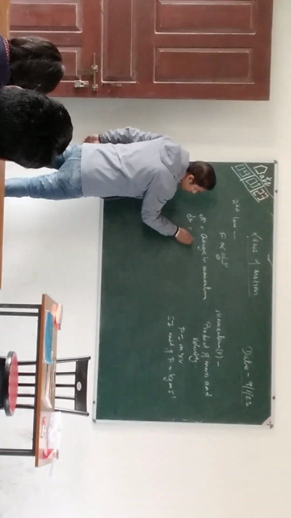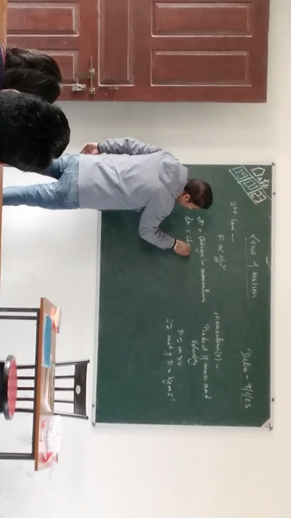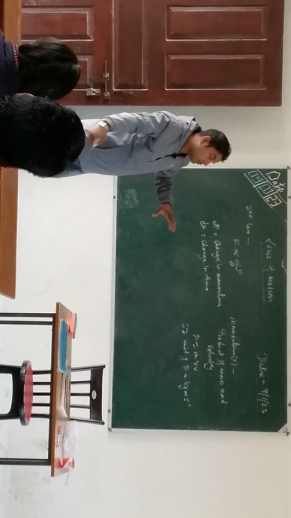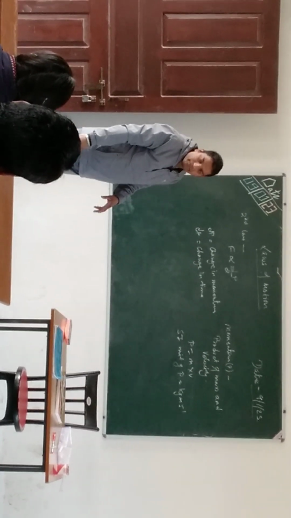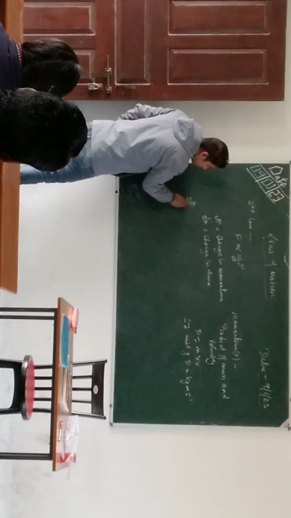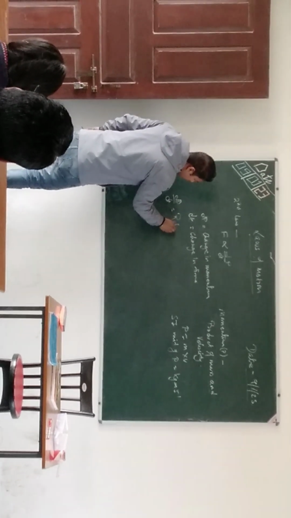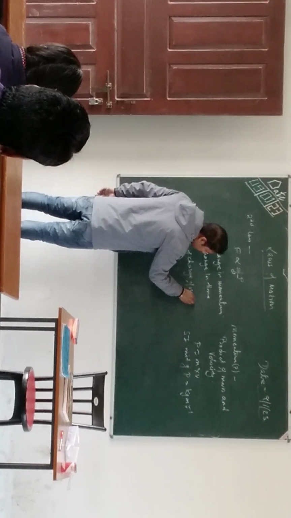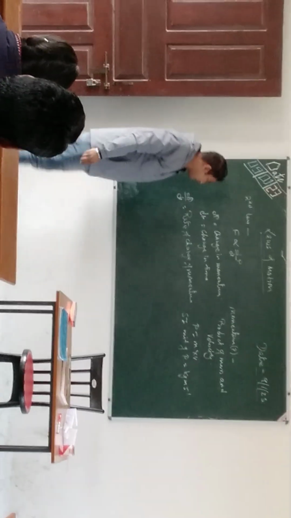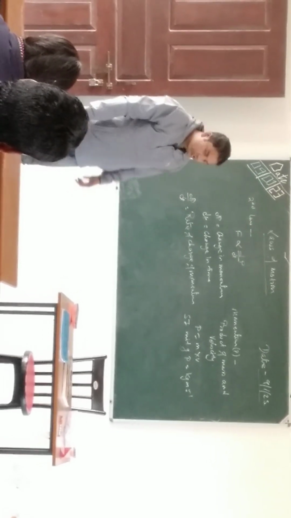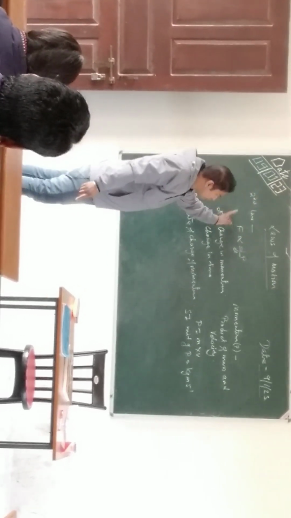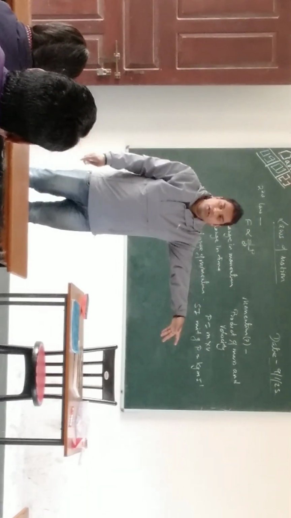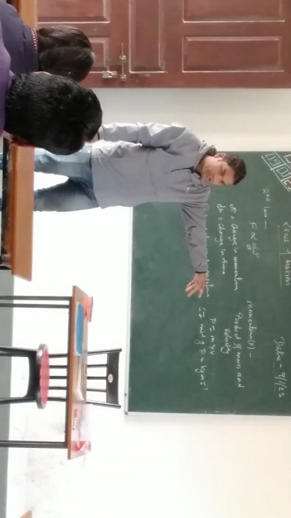If we divide these two, that means dp by dt, that is known as the rate of change of momentum. So Newton says that whatever force you apply, that force will be directly proportional to the rate of change of momentum.